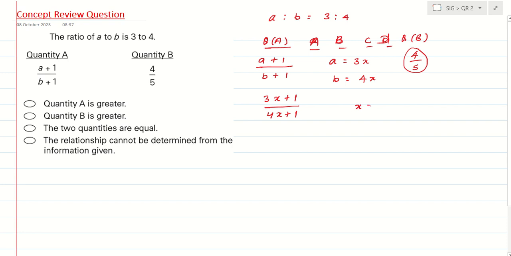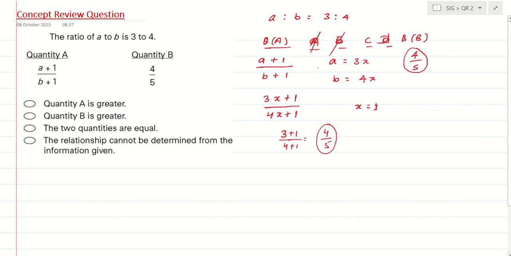And B is 4. So 3 plus 1 is 4, and 4 plus 1 is 5. So how much do we get? 4 by 5. Right.